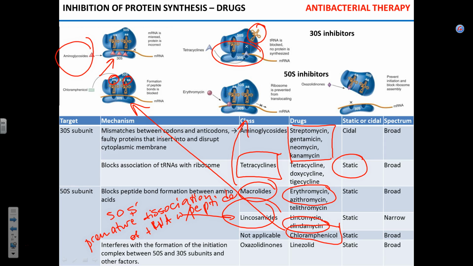So WHO, the World Health Organization, maintains and keeps up the list of essential medications that must be available for a reasonable price at any market. Which means Viagra is not on that list. Chloramphenicol is, because it's essential for treating life-threatening diseases. Does that make sense? Okay.